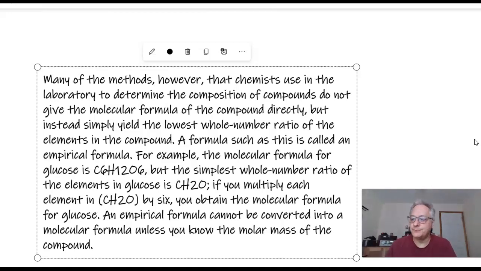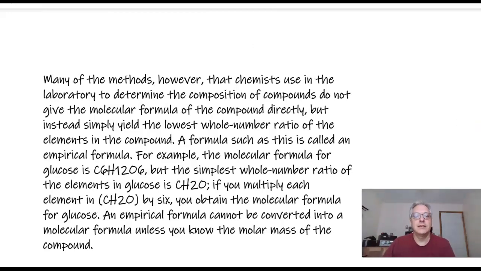So I want to introduce a couple of things to you here. I want to introduce the idea that a chemical compound, when you go into a laboratory and you make something brand new, and when I say that, let's just stick with things that maybe have carbon, hydrogen, oxygen, and perhaps nitrogen.